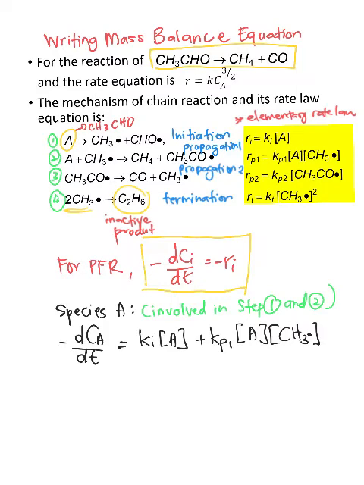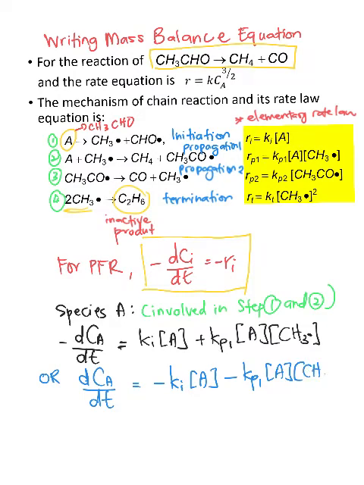Or you can rearrange the negative sign as dCA per dt equal to negative Ki CA minus Kp1 CA times CH3 radical, so we make it positive on the left hand side. This is for species A.